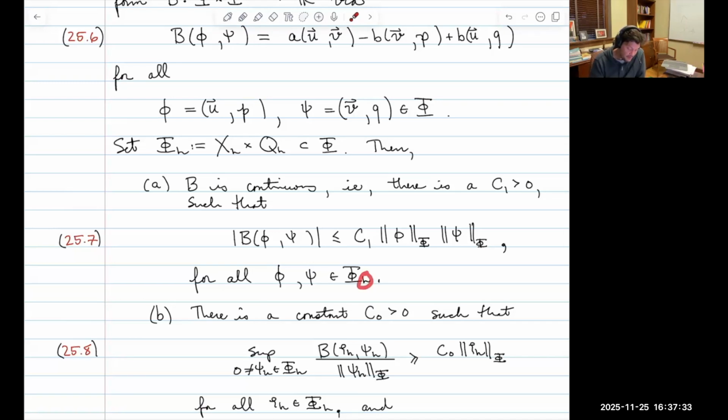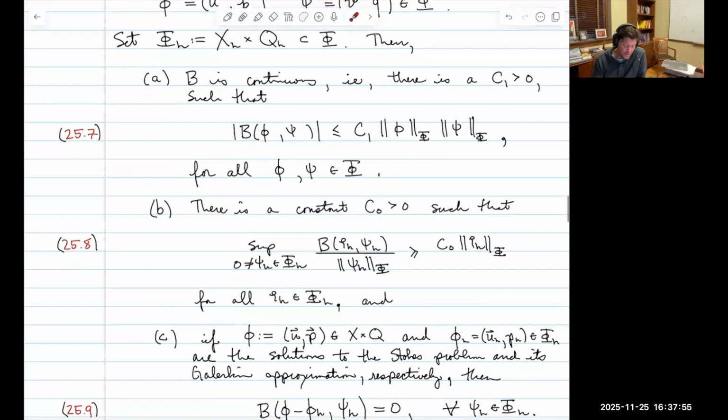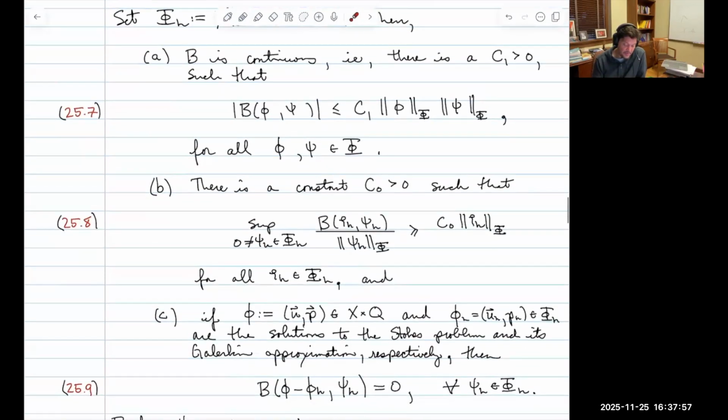There should not be an H there. So this continuity is true if I restrict to phi h, but it's also true if I don't restrict to phi h, and it's a better result if I don't restrict. So let's not restrict that to phi h because we can prove it for the more general infinite dimensional space phi.